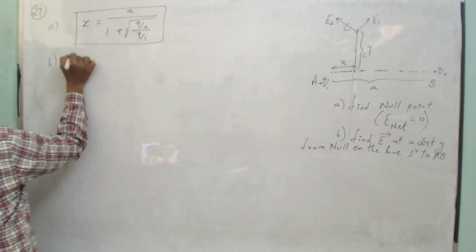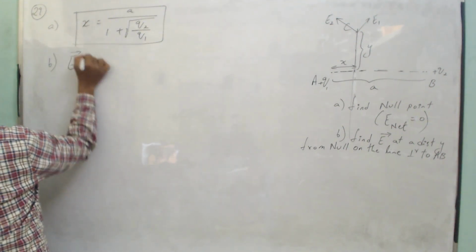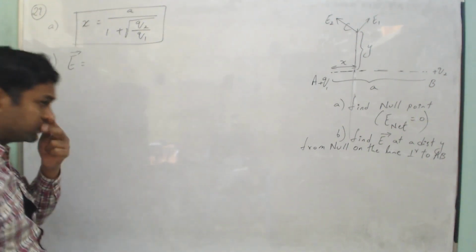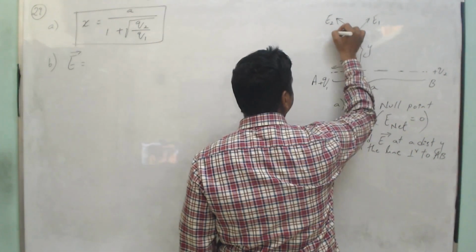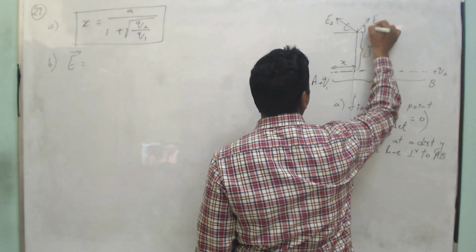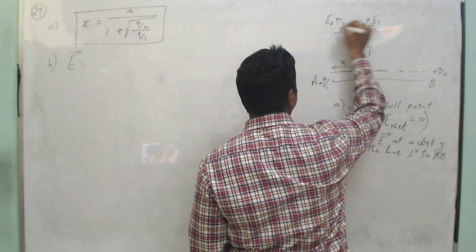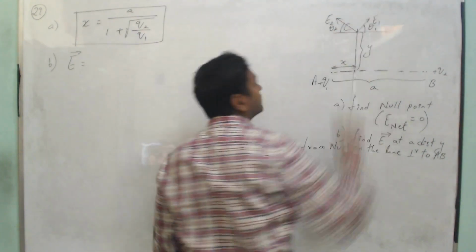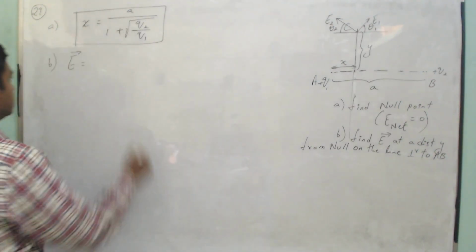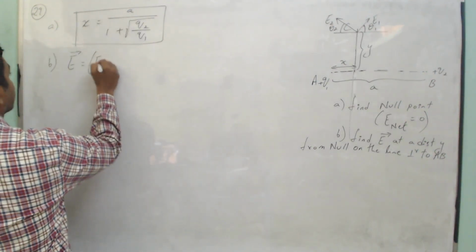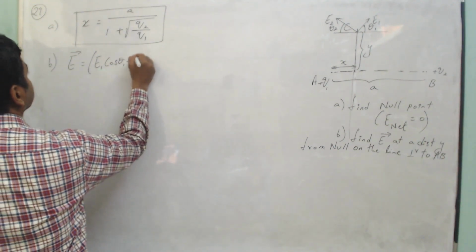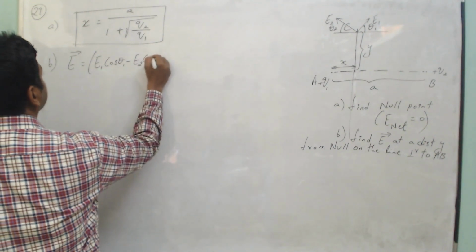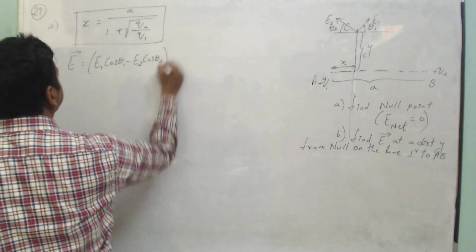B part answer, we have already solved this. The net electric field is equal to, if you remember, let this angle be theta 1 and this angle be theta 2. E1 cos theta 1 minus E2 cos theta 2, I cap.